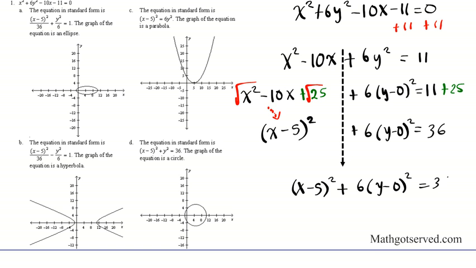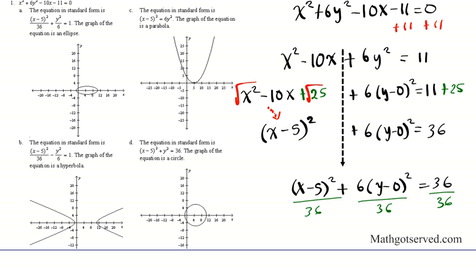So since it's equal to 36 and I want this equal to 1, I need to divide every single term by 36 in order to accomplish that. Okay, so whatever is here, you divide every term by that number. If it's other than 1, divide every term. Make sure that it is in this form first before you do that. Okay, so divide this by 36, so it's equal to 1. Divide this by 36, and divide this by 36.